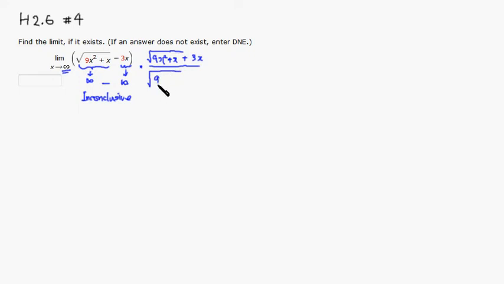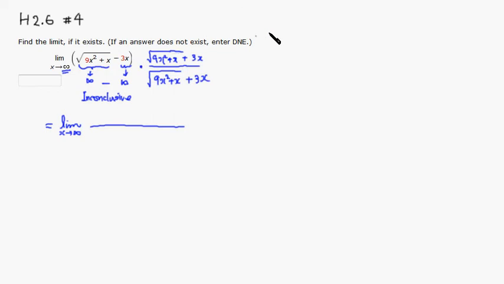So we have a square root of 9x squared plus x plus 3x. Right? Once you multiply out, you're going to get a limit, still as x approaches positive infinity. Then you have a big fraction.